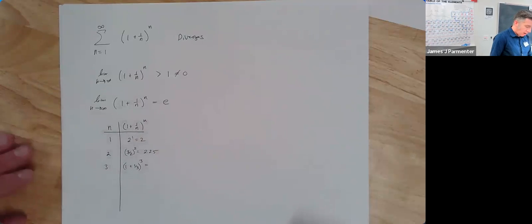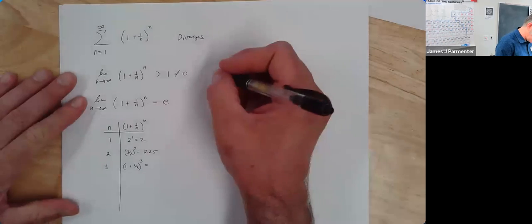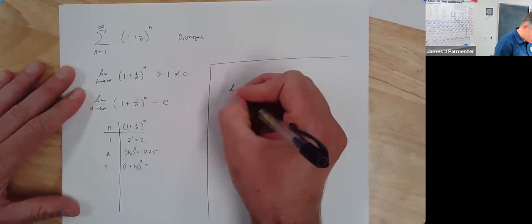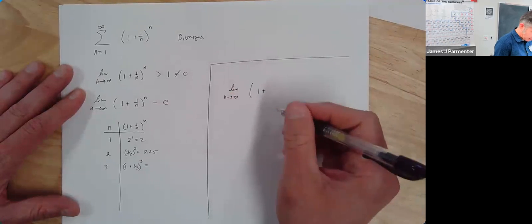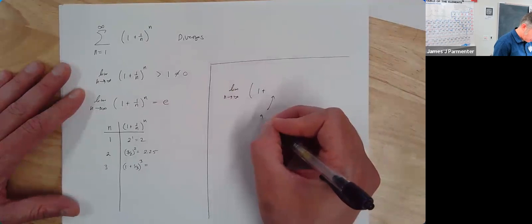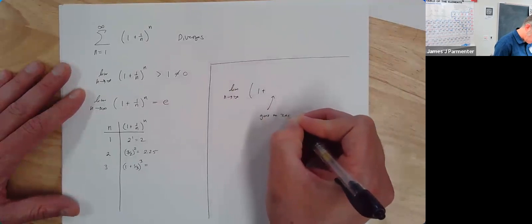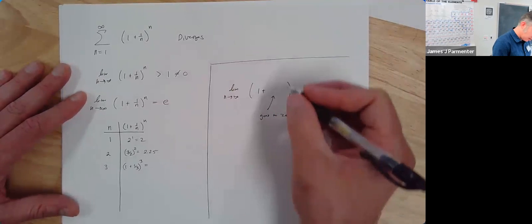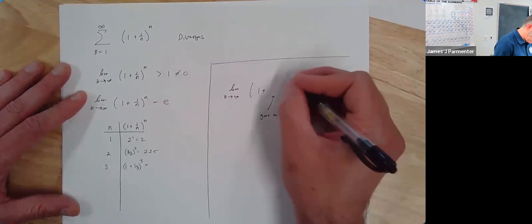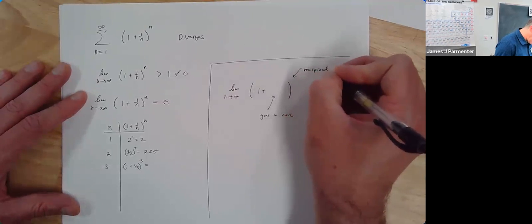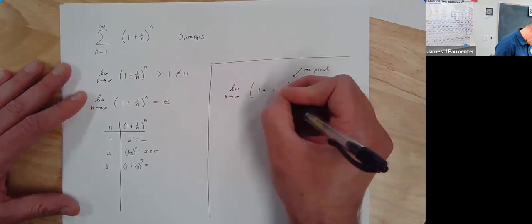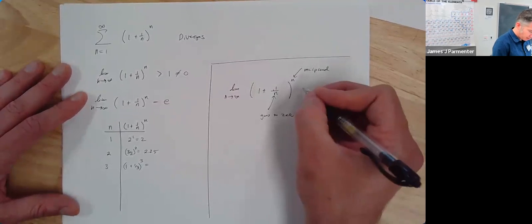You could actually show this limit is equal to e using L'Hopital's rule. It's a bit of work and not really the point. But it is true very generally that if you have the limit as n goes to infinity of 1 plus essentially something going to 0, and you have the reciprocal of that thing up here, so I've said specifically 1 over n and n, you're going to get e.